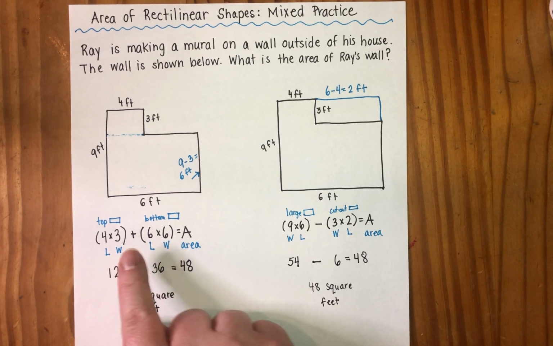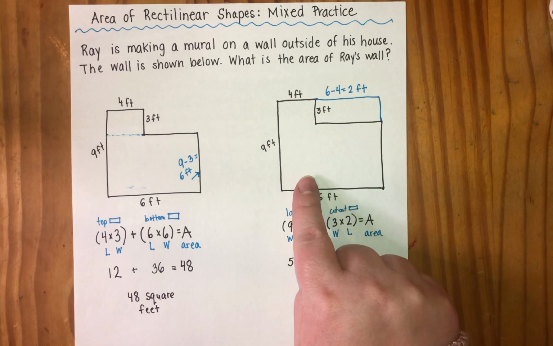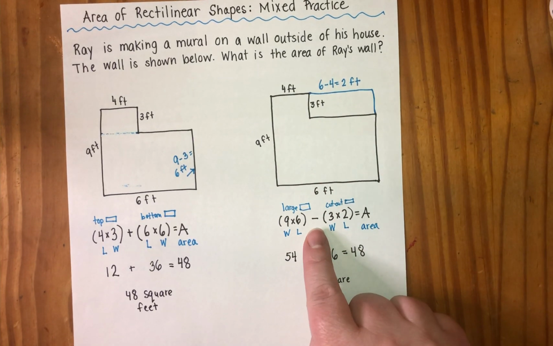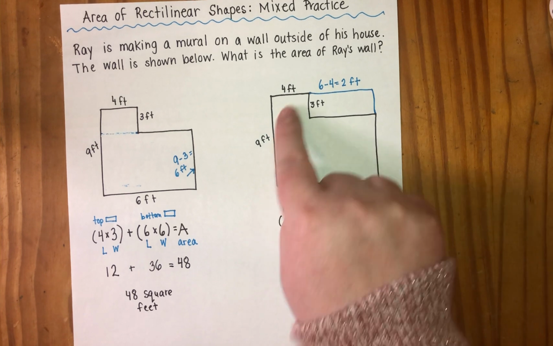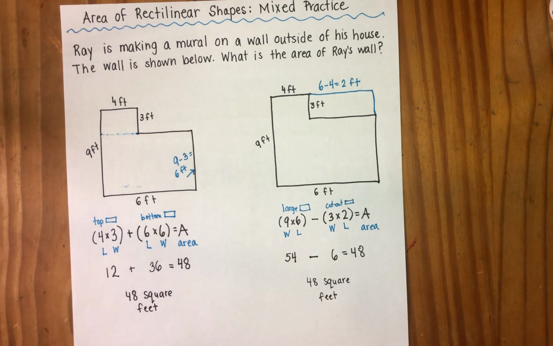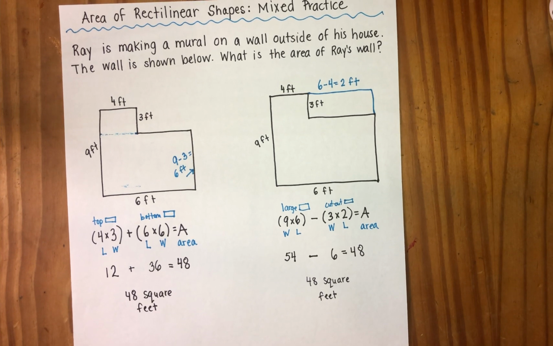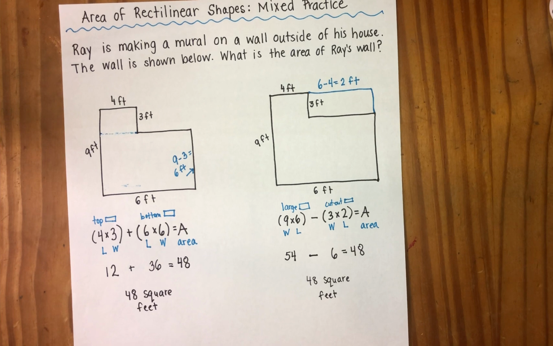Or you could find the area of a large rectangle and the area of a cutout and subtract the area of the cutout from the area of the larger rectangle. Each strategy might be easier at certain times than others. Today, I want you to think about which strategy is easier for you and which strategy makes the most sense for each shape. Think about this as you try one more.